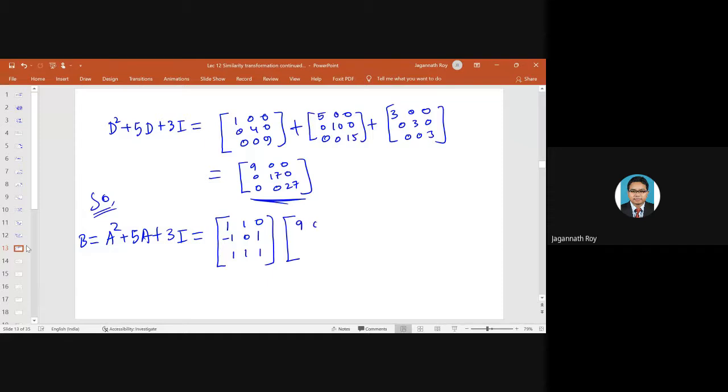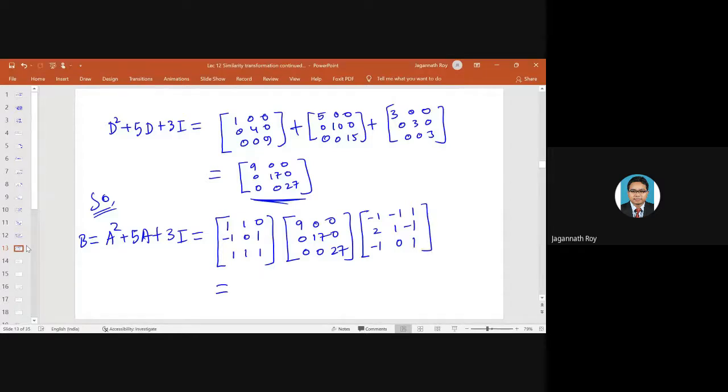So this is 9 0 0, 0 17 0, 0 0 27, and then P inverse. P inverse was minus 1 1 2, 2 1 minus 1, then minus 1 0 1.